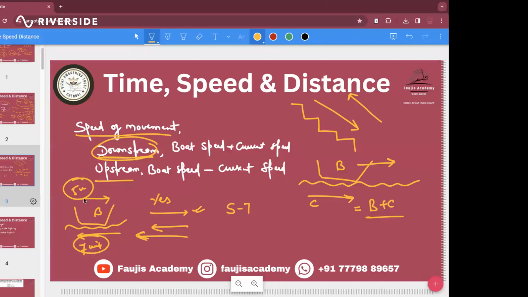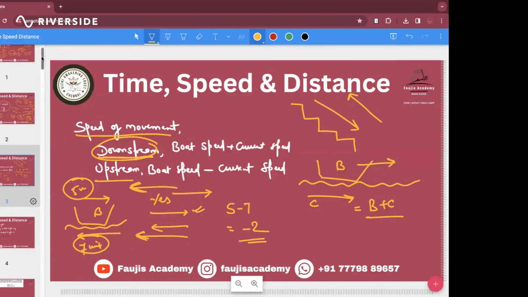This boat is intending to go from left to right, but the current is pushing it from right to left, right? Yes, sir. So it will go in the backward direction, this direction. It won't be able to go in this direction, right? It's minus 2, isn't it? Yes. Cool.